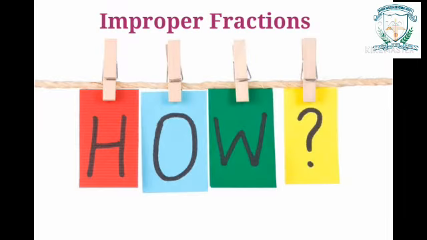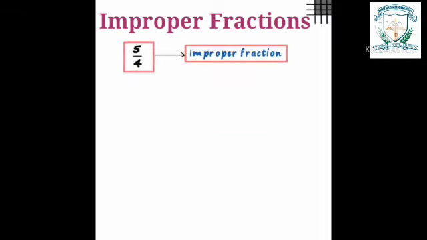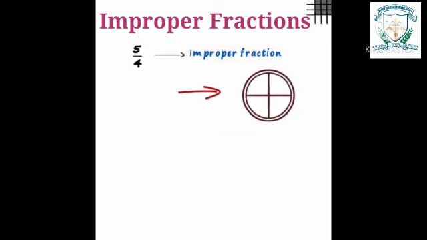How do we understand 5/4 is an improper fraction? Look at this plate. It has 4 equal sections in which we can place just 4 equal pizza slices like this.